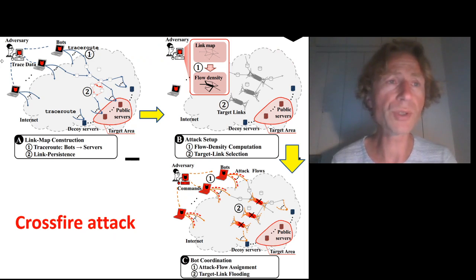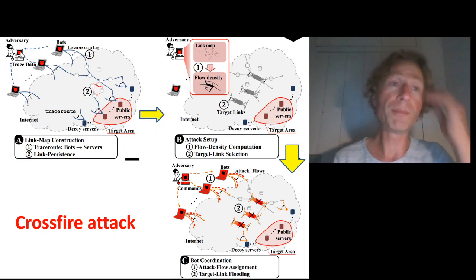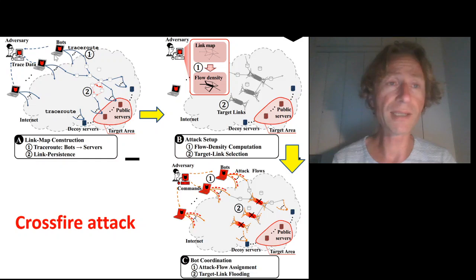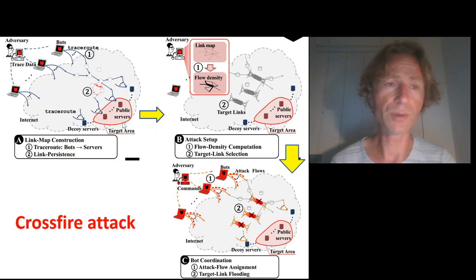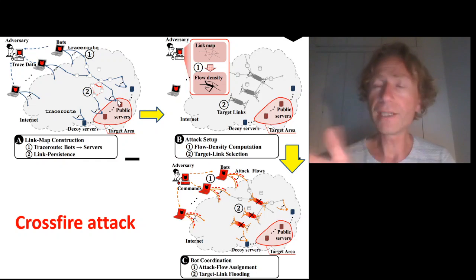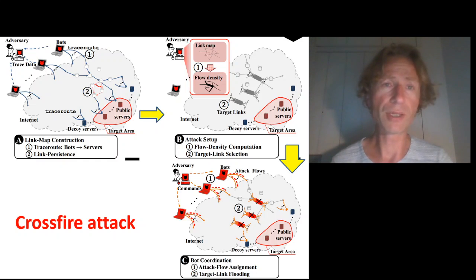So here's what you would do as an adversary. You would use trace data from a number of vantage points to discover what the routes are to the victim, right? So to the target area. Okay, and these routes should be ideally persistent. So you don't want to have the route flapping that you might otherwise have.